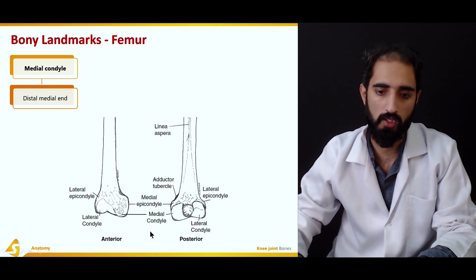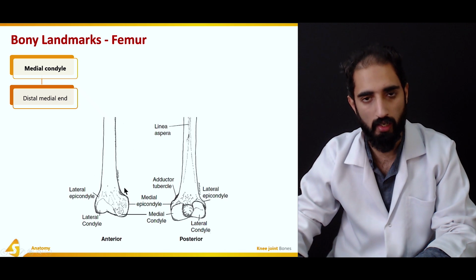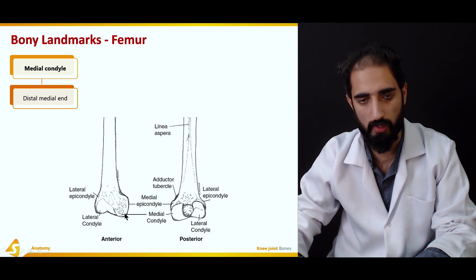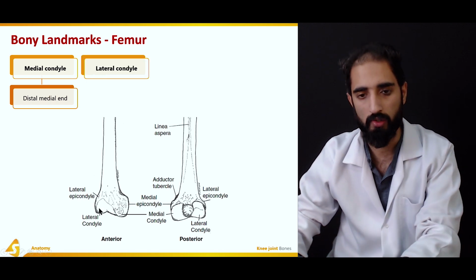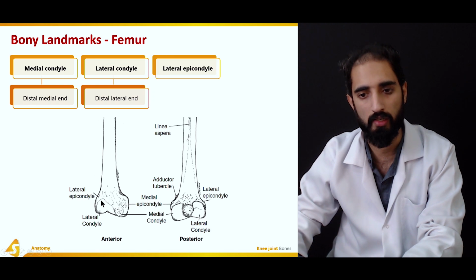As you can see here, this is the anterior aspect, and this is our medial epicondyle, and beneath this is the distal most part on the medial aspect, known as the medial condyle, and the distal most part on the lateral side is known as the lateral condyle. Just above the medial condyle and the lateral condyle, we have the medial epicondyle medially and the lateral epicondyle laterally.